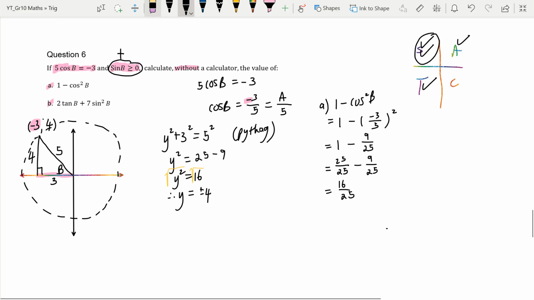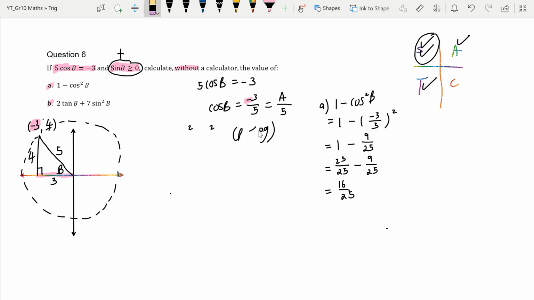Now we are on to number B, the last one. Let me just create a little bit of space. So for B, we need to find the value of 2 tan beta plus 7 sine squared beta. We can do that.